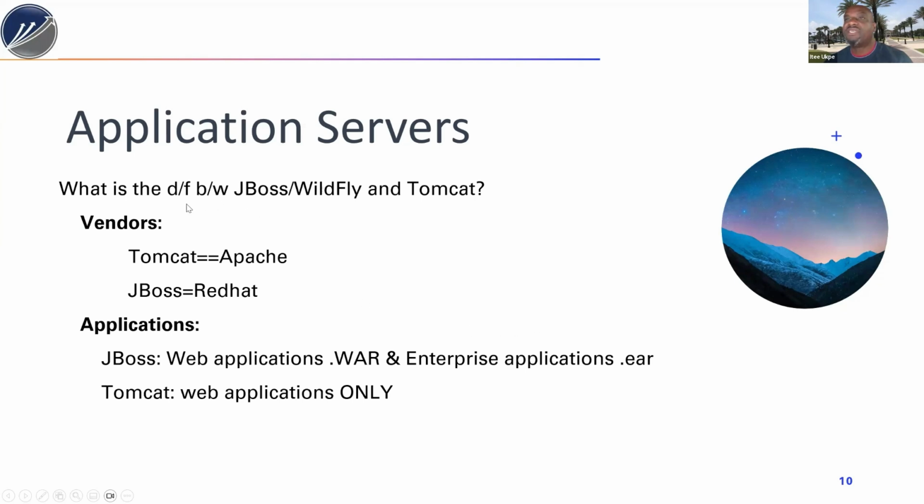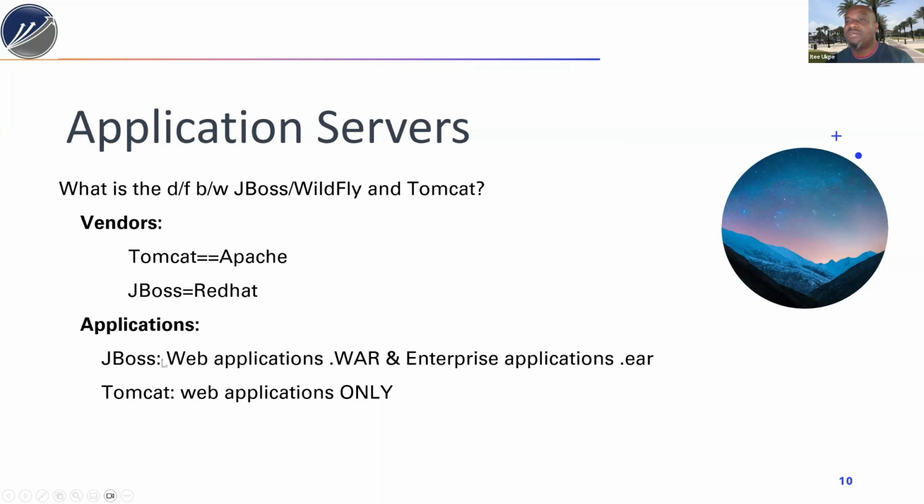What is the difference between JBoss, WildFly, and Tomcat server? First of all, when you talk about the vendors, Tomcat was developed by Apache and is owned by Apache. JBoss is owned by Red Hat. With JBoss, you can publish a web application and an enterprise application.